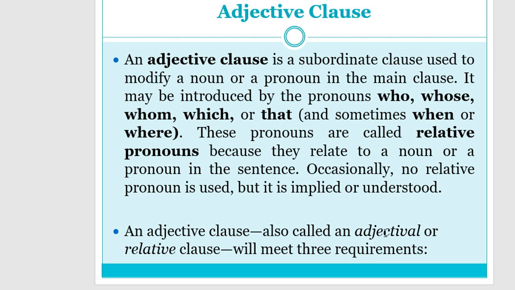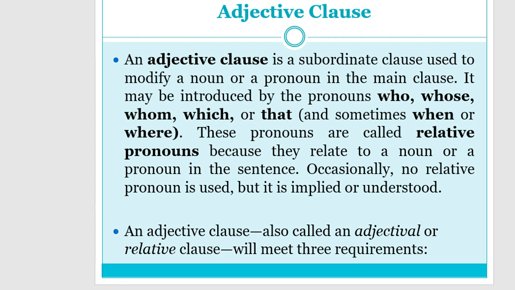Adjective clause is also called adjectival or relative clause. So it could be defined as adjective clause, adjectival, or relative clause. There is no difference between them except maybe the difference of the books or the authors who wrote them.